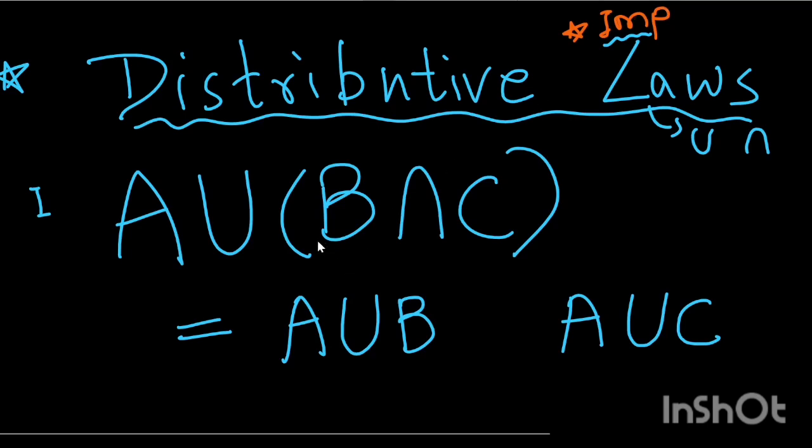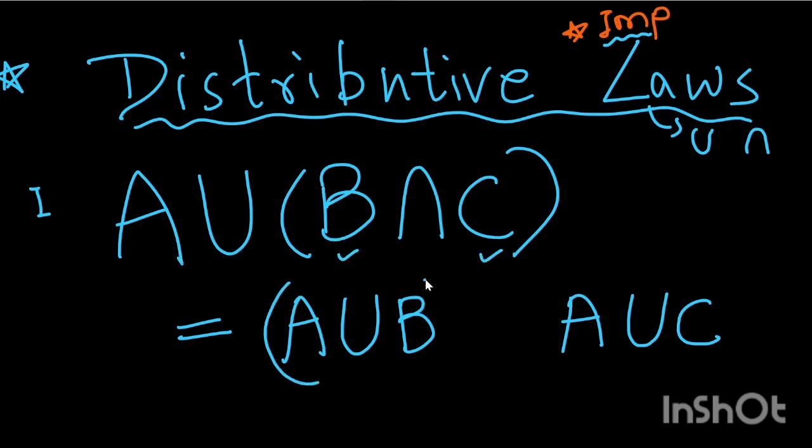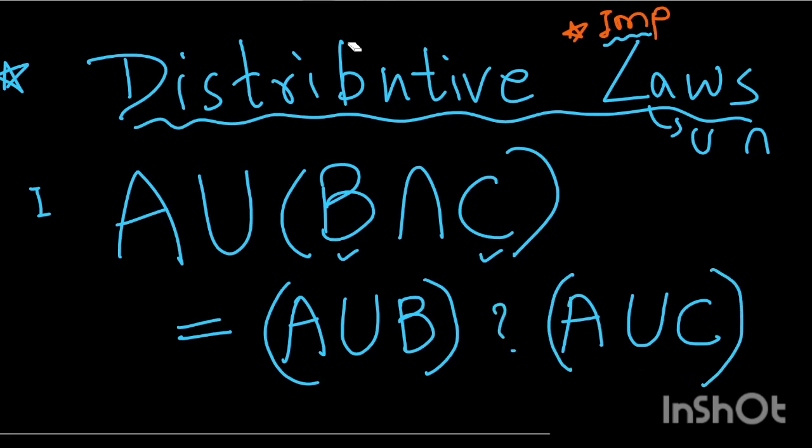Now A union bracket B intersection C is what the distributive law says, that we can distribute A union to B and C. So A union, distributing A to B gives A union B, and distributing A to C gives A union C, and in between some sign will come. What will come here, guys?